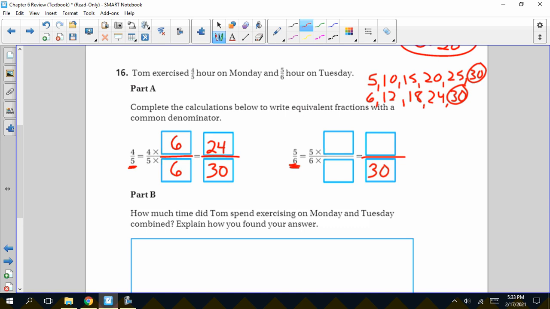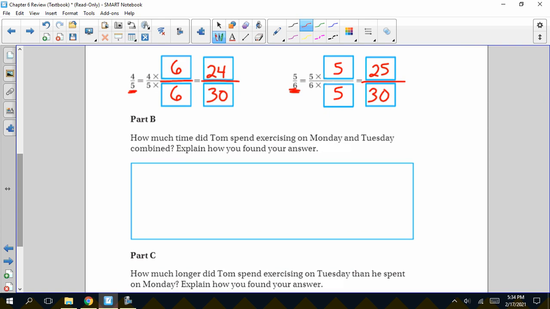On the 5/6 here, we do 6 times 5 to get that 30. So we have to do 5 times 5 to get an equivalent fraction. 5 times 5 is 25. So 4/5 turns into 24/30. 5/6 turns into 25/30.